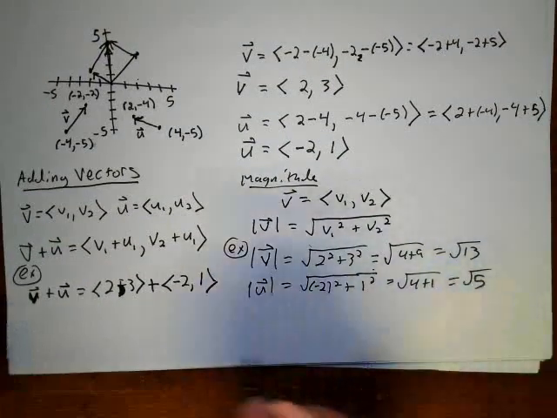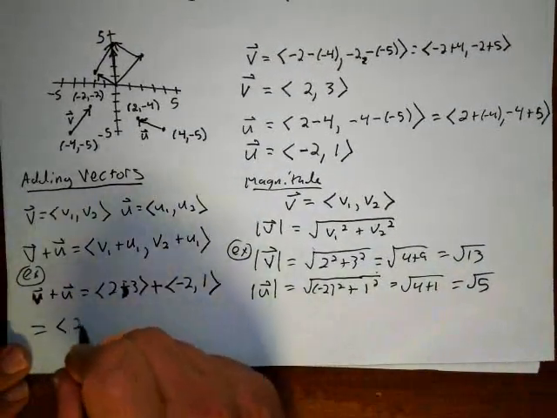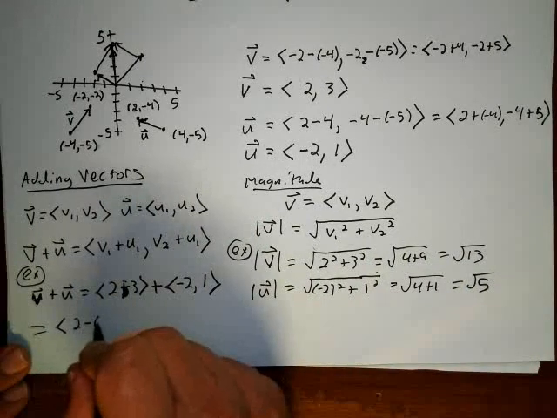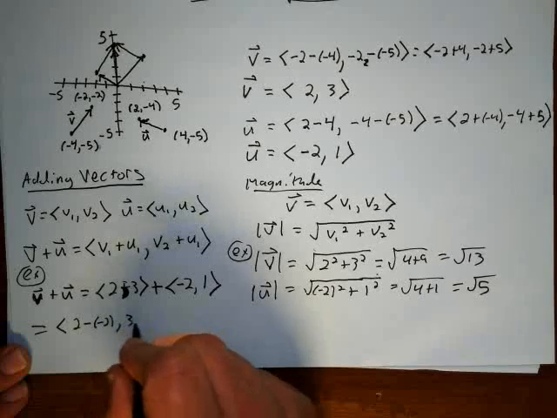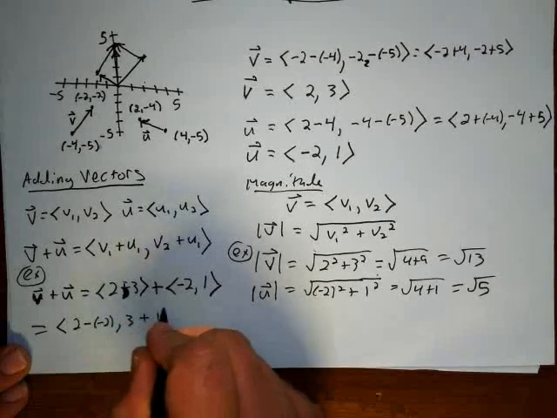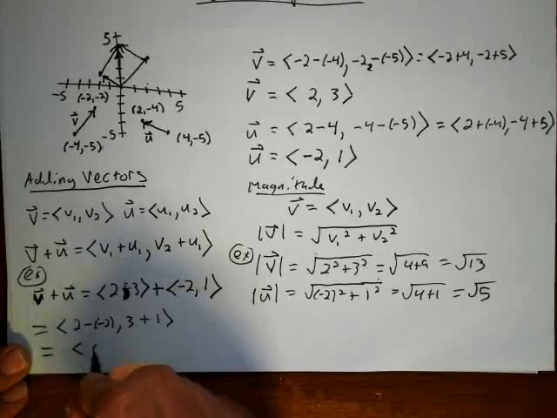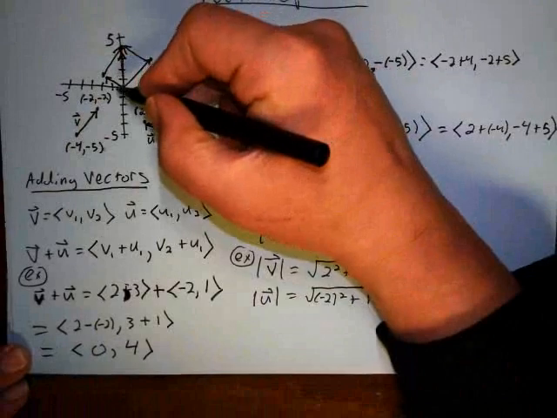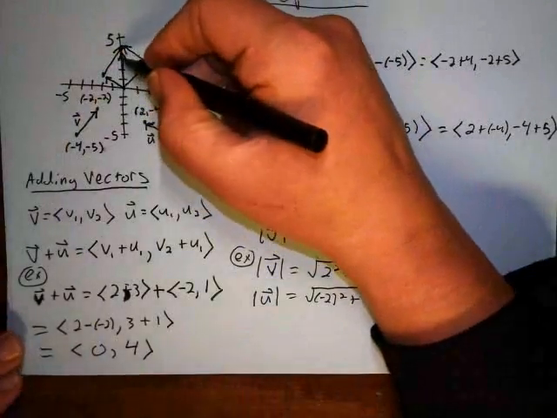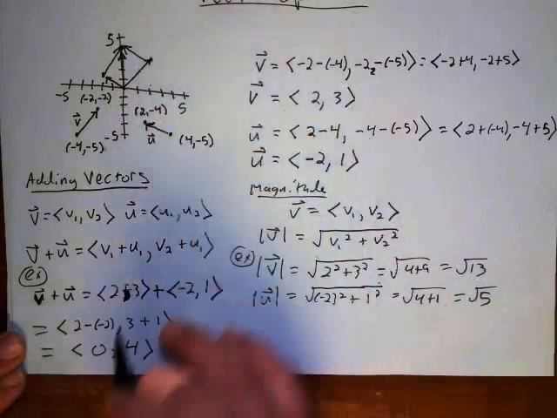Very messy. But what I'm going to do here is just add the x: 2 minus a negative 2, and add the y: 3 plus 1. And then you see what I get here is 0, 4. And that is actually the component vector. I'm sorry, that's the resultant vector of u plus v.